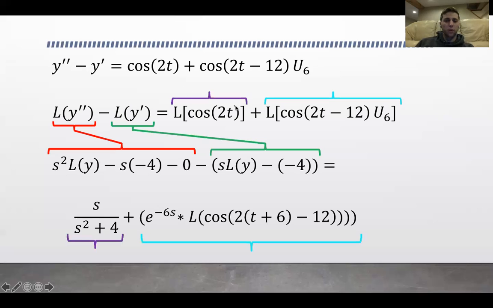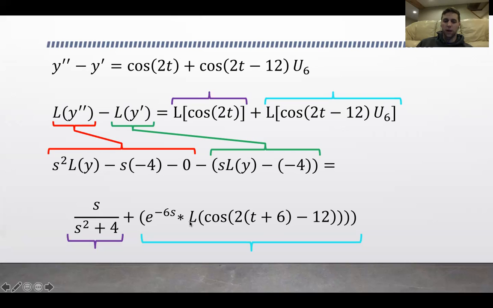So this thing in purple, L cosine of 2t becomes, just based upon our Laplace transform table, s over s squared plus 4. And then the light blue over here is a little more complicated because it's a unit step function. We have to make it e to the negative 6s and then times the Laplace of whatever the function here that was multiplied by the unit step function was, but with a t plus 6 plugged in wherever we see a t.